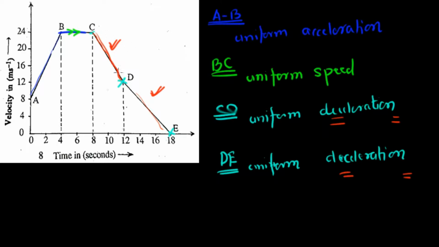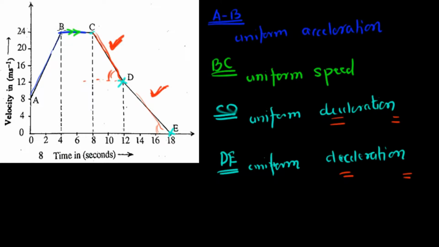This is more inclined, so the deceleration would be more here as compared to this, because the angle that it makes with the time axis is less. While if you compare the horizontal line and the angle over here, it is more. That means the gradient value for this is more than this, and therefore the deceleration here would be more than this. And if you look at things carefully, it turns out to be exactly the same thing.